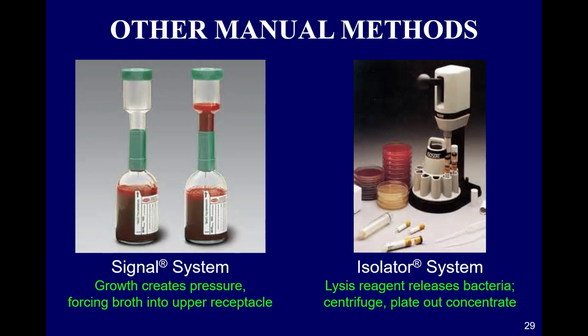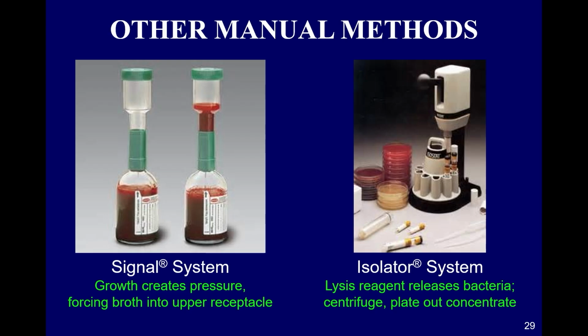If you lyse the host cells, you can liberate the organisms that might be intracellular and put those contents onto plates. It worked great, got the histo out really well, but the problem is there are a lot of hand manipulations with the isolator system. And the more hands-on manipulations, what do you think happens? Contamination. We got a lot of coag-negative staph out of there, as well as Histoplasma capsulatum. It's probably more available in Europe these days than in the United States, but that's a system as well.